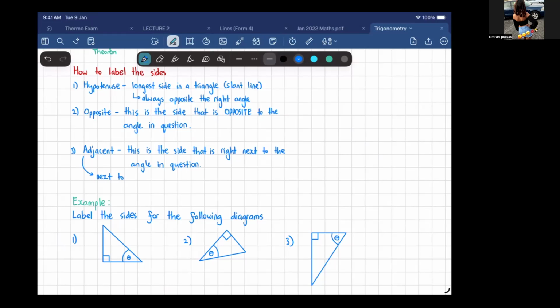Did you copy down everything, or still copying down everything? I'm copying everything. Okay, great. So while you're waiting, see if you can label the sides for the following diagrams. You remember how to label the sides? Yeah. All right, I'll give it a try.